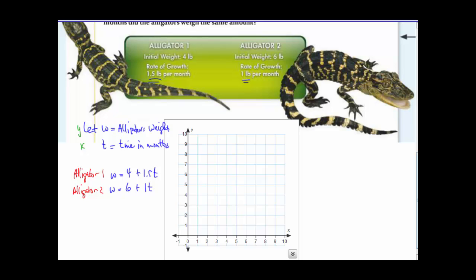So what we need to do is graph these two equations. To make it a little easier, we'll call this alligator 1 and alligator 2.